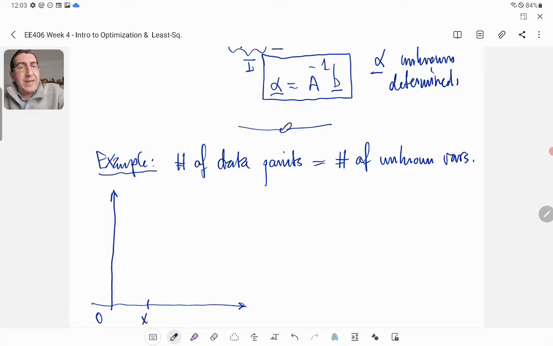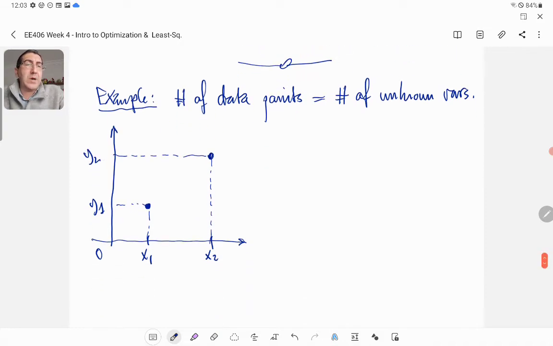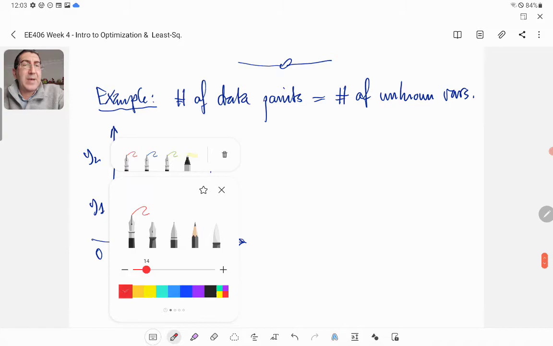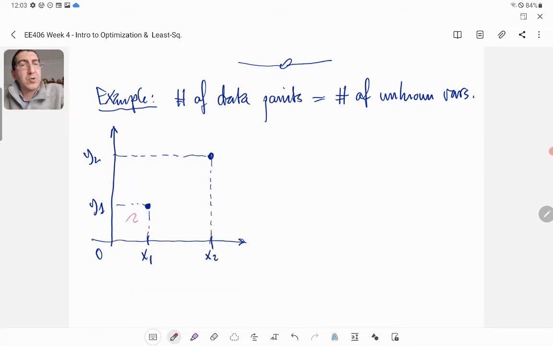But we have x1 and y1, the first point, and we have x2 and y2, the second point. And we know that only a single line can pass through these, so we also have a unique line.